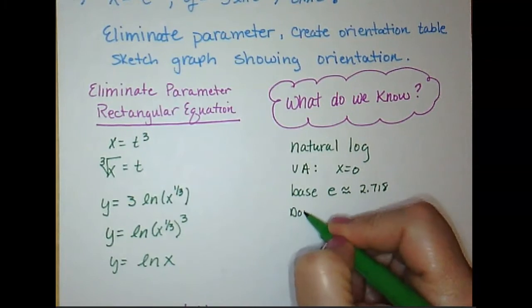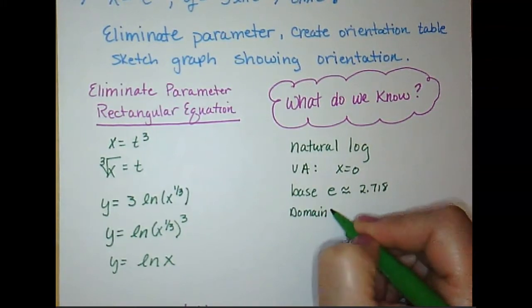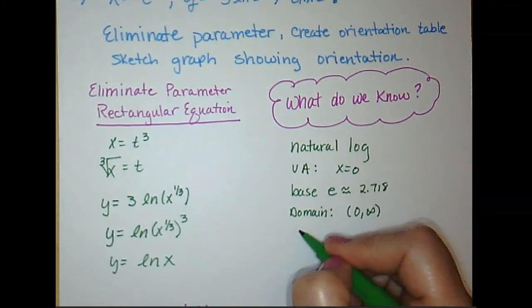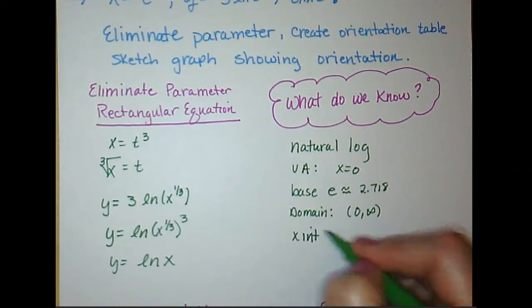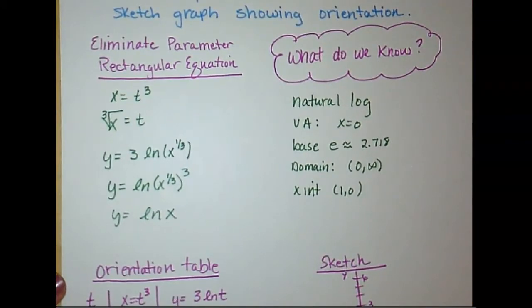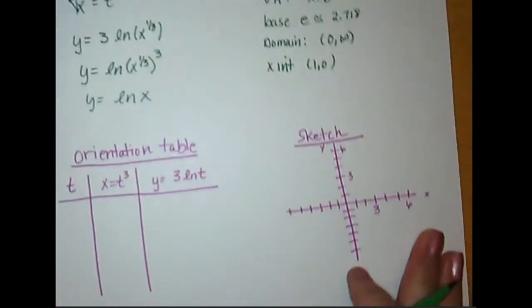We know that the domain is from 0 to infinity, and we know that it has an x-intercept at (1, 0) because it is that parent function. So that should give us a pretty good idea of what this is going to look like. The orientation table gives us the direction of motion, and that direction of motion should still mirror what you know about that graph.